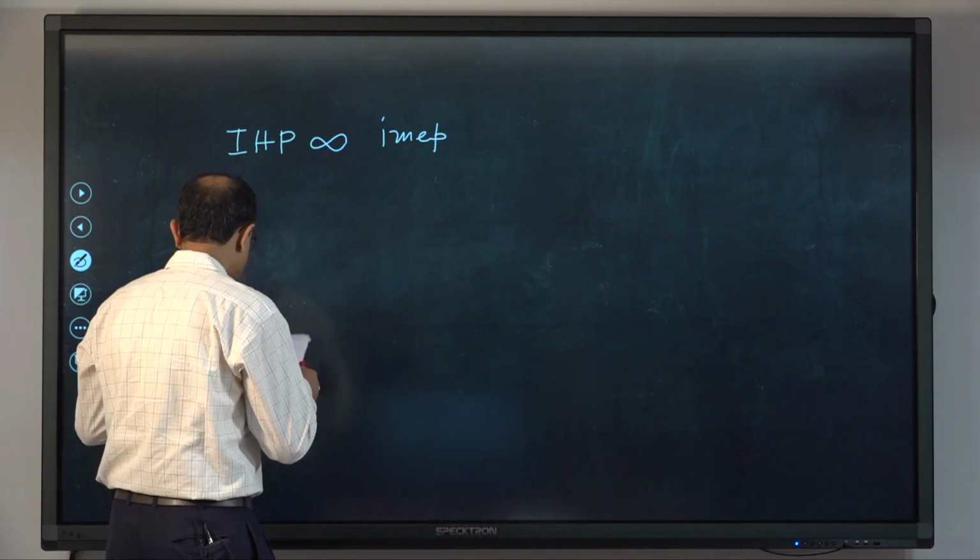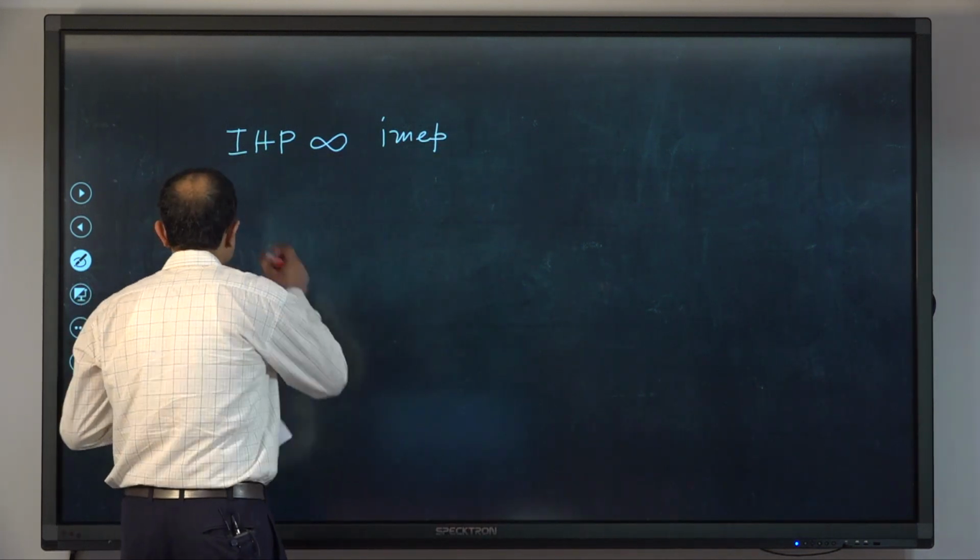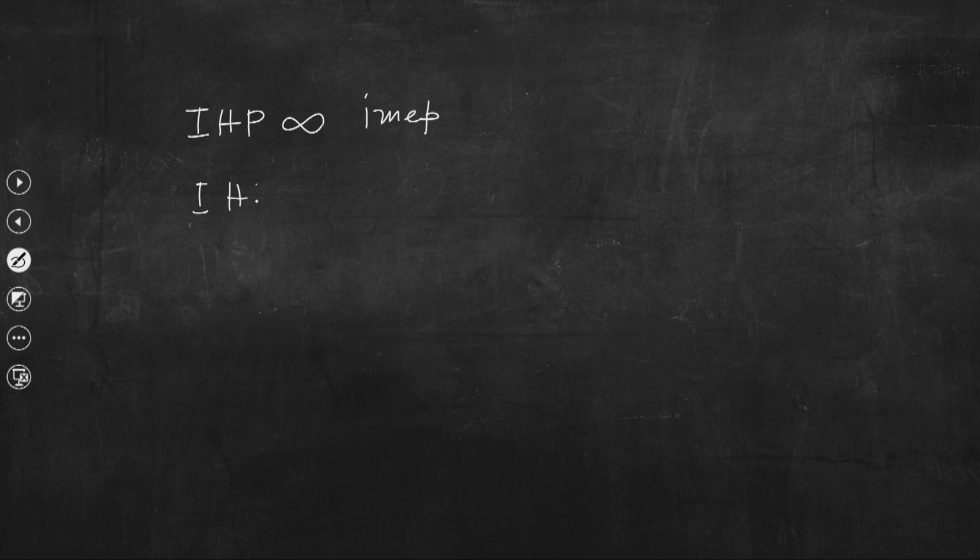So, we can write IHP of turbocharged by IHP of naturally aspirated equal to 1.481, because this is IMEP TC by IMEP NA, and the ratio you have already calculated, that is 1.481.